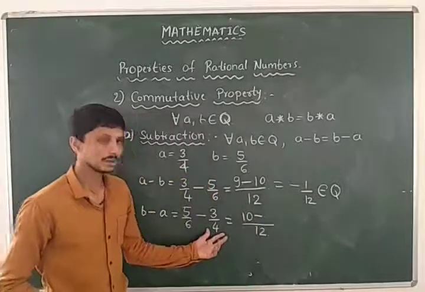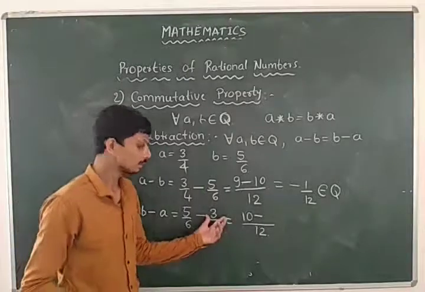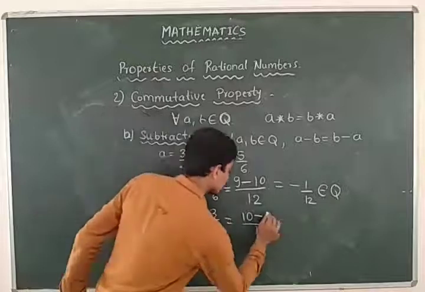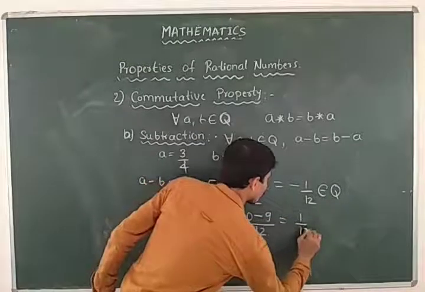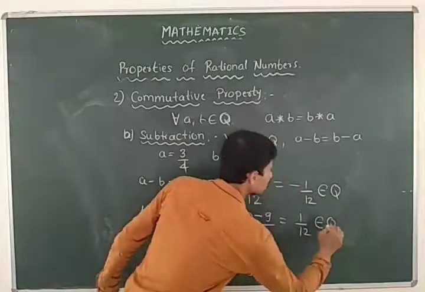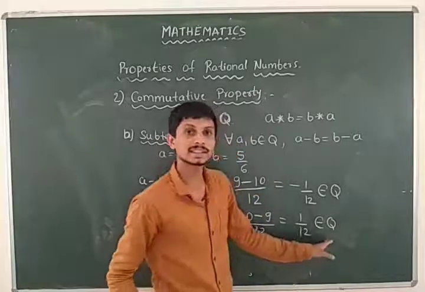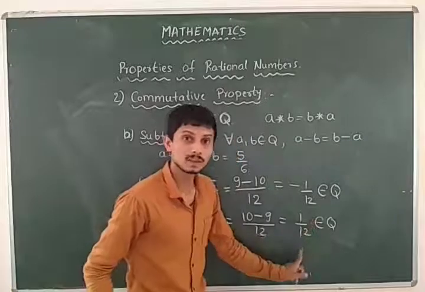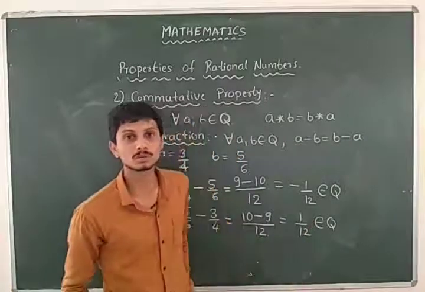So again here we have to multiply with 3, and again we have to multiply 3 in the numerator also. So 9. So 10 minus 9 is equal to 1 by 12. So this also belongs to the rational number set because it is in the form of p by q, p and q are integers and q is not equal to 0.